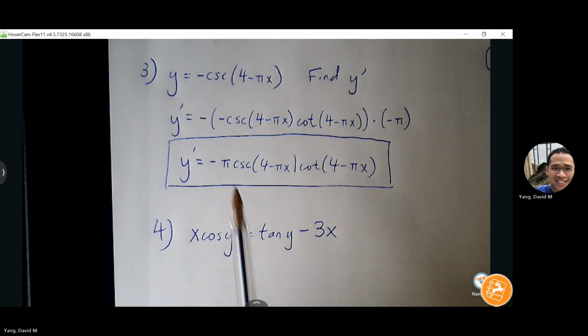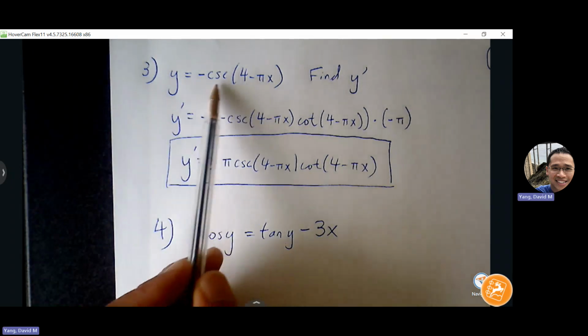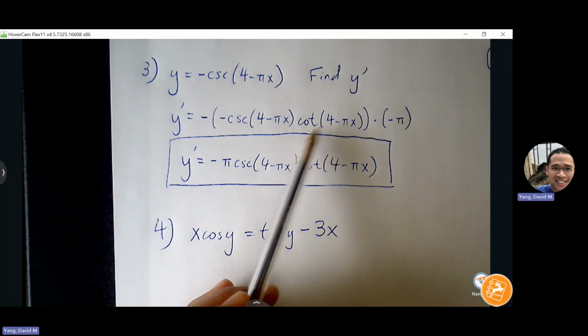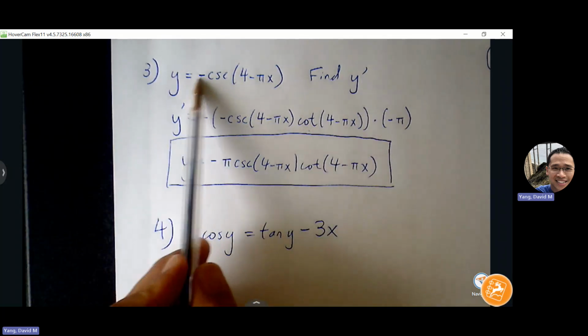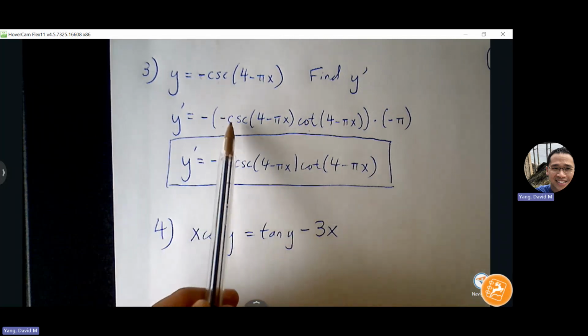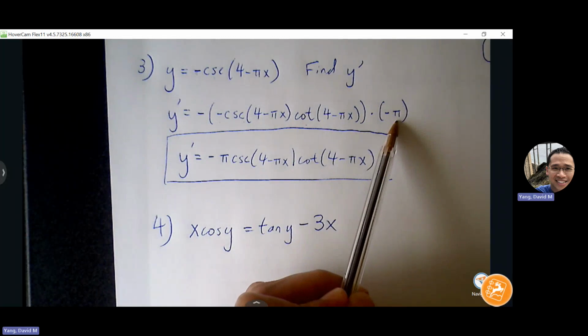Where did you get the double negative? Oh, so the cosecant derivative is negative cosecant cotangent times u prime. So this negative is the coefficient, and then cosecant will produce its own negative derivative, and then another negative from the u prime.